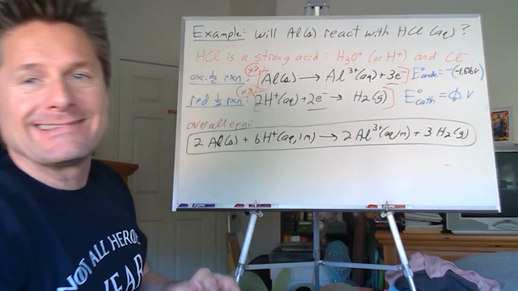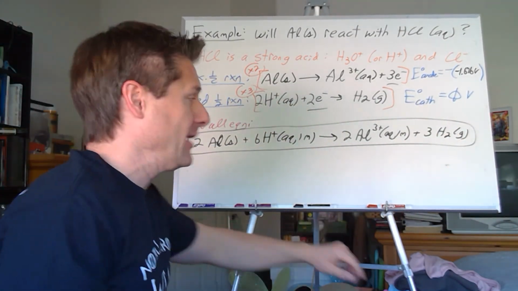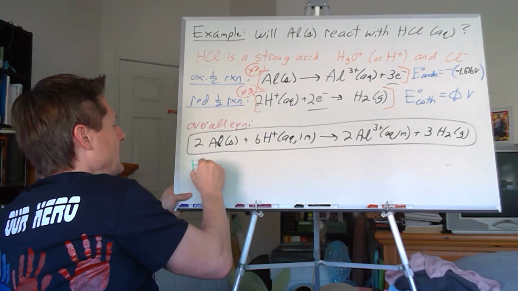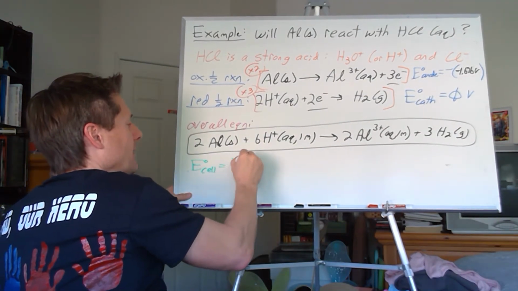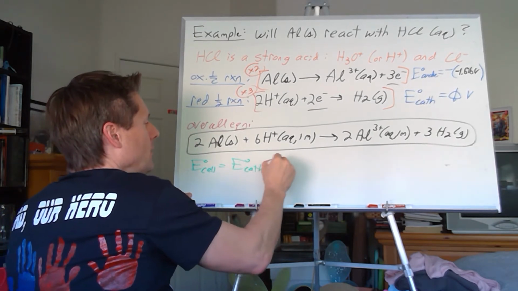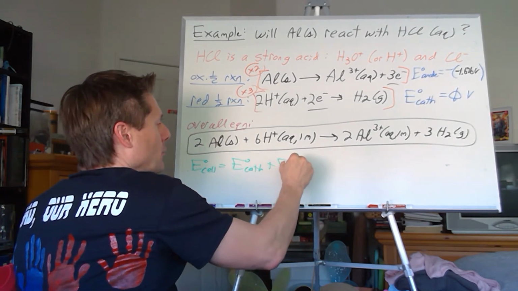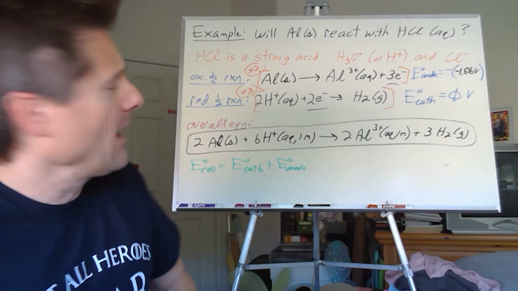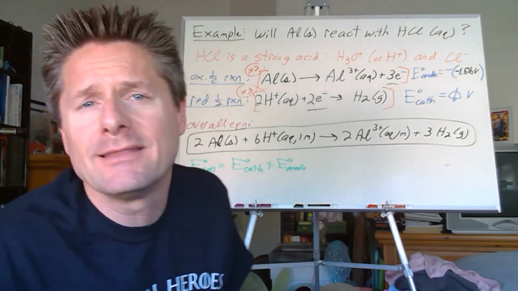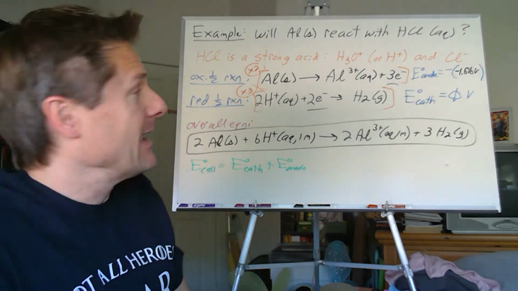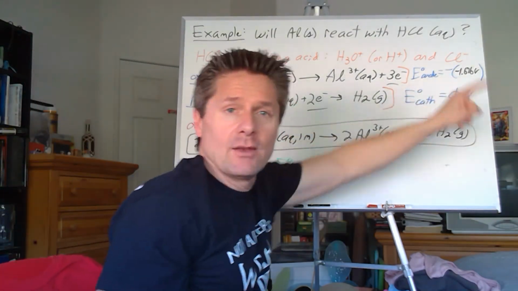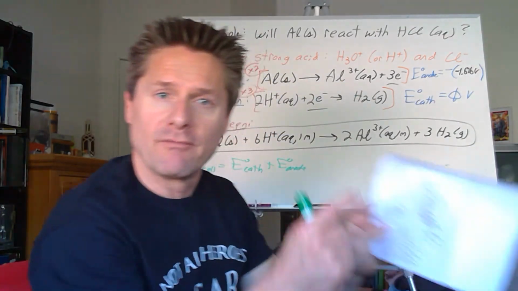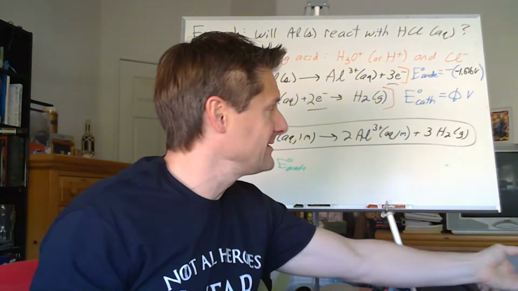So we're trying to see, is that spontaneous under standard conditions? Well, we know that E naught cell is the cathode plus the anode. And again, that's the style I like to use. I don't like to use the one that has the negative sign there, which is catching steam, I guess. But I like you to realize we're reversing this equation. This is the reverse of what's on here, so we have to change the sign.